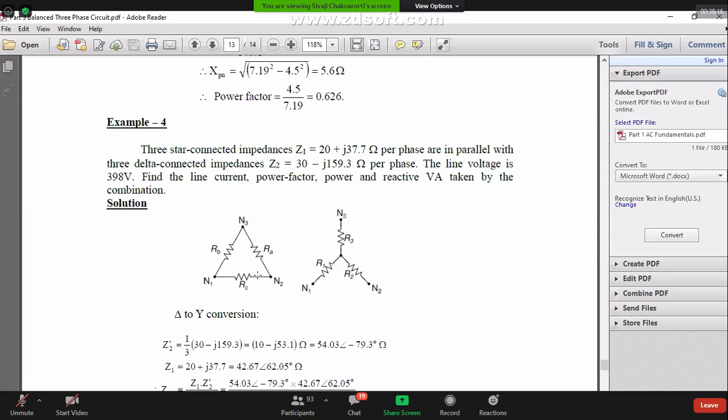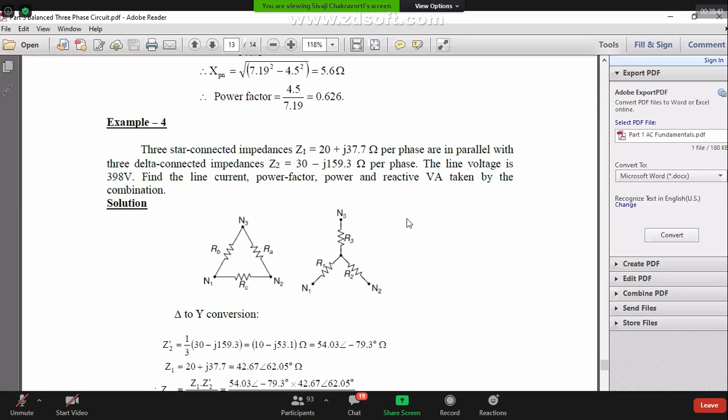Now, here I have three nodes of a circuit, N1, N2, N3. In delta, this is how the impedances or resistances are connected. In star, this is how they are connected. What you have in a single phase concept and a three phase concept is slightly different. Now, when I say this delta is in parallel with a star, how are they connected?